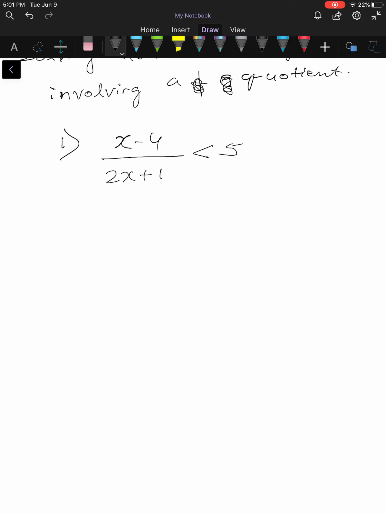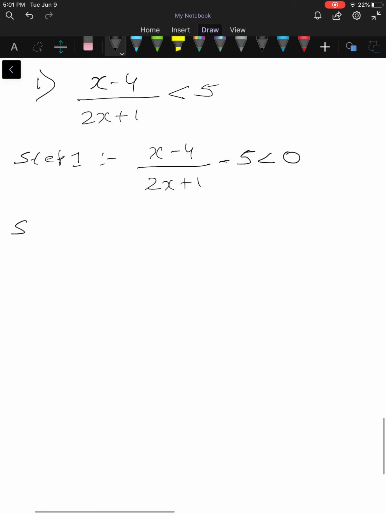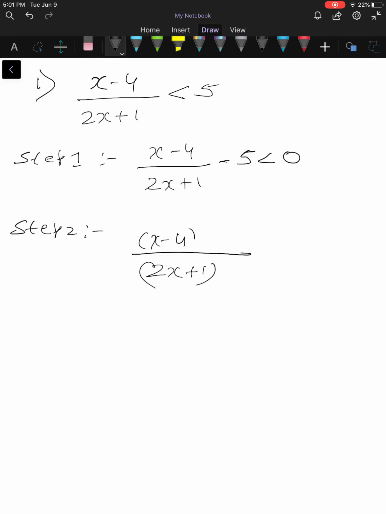So here our step 1 applies because there are terms on both sides of the inequality. Therefore, I should bring all the terms towards one side. So step 1, that would be x minus 4 divided by 2x plus 1 minus 5 less than 0. Step 2 is you simplify this and factorize. So I should take an LCM. x minus 4 will be retained as it is.